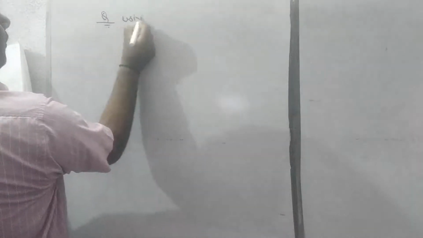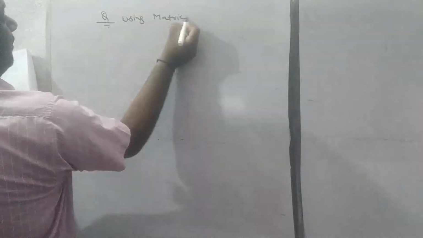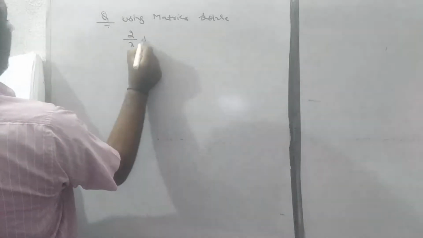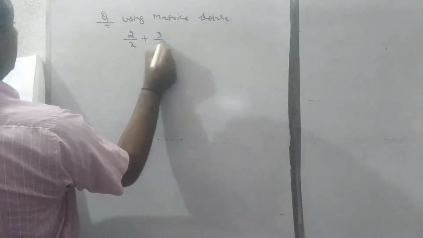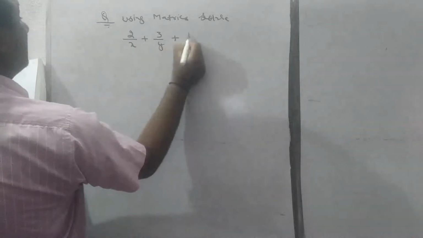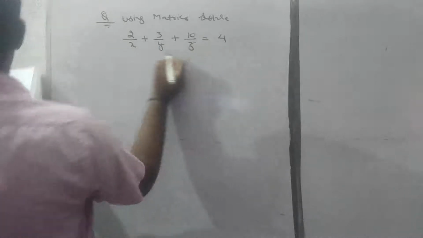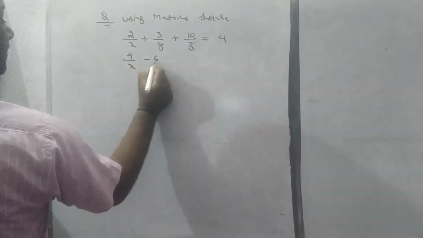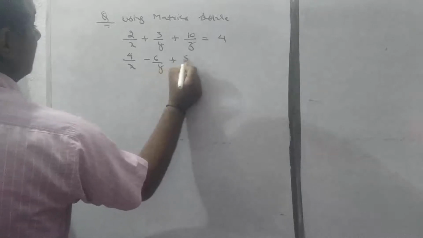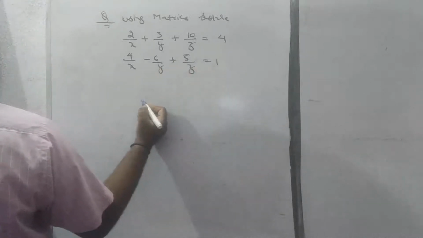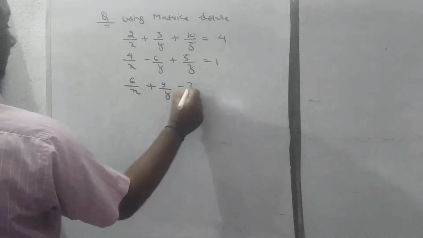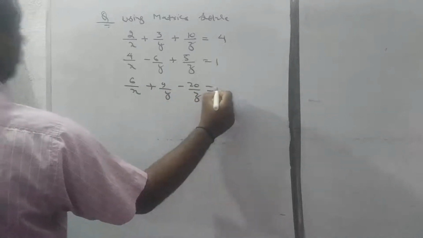Question is, using matrices, solve 2/x + 3/y + 10/z = 4, 4/x - 6/y + 5/z = 1, 6/x + 9/y - 20/z = 2.